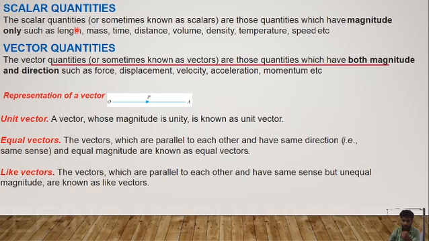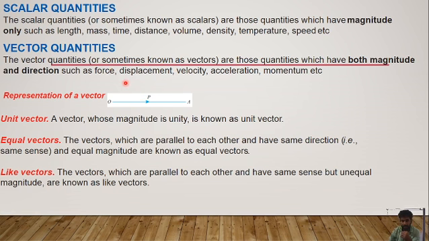Scalar quantities are those which have magnitude only, such as length, mass, time, distance, volume, density, temperature, speed, etc. Vector quantities have both magnitude and direction, like force. While applying force we require both magnitude and direction. Displacement and distance are different words.